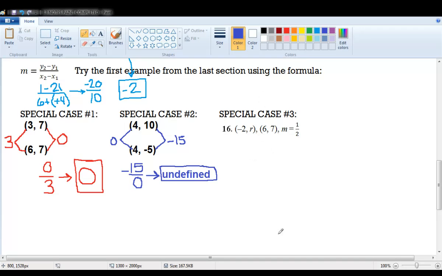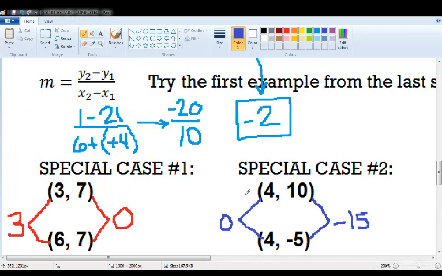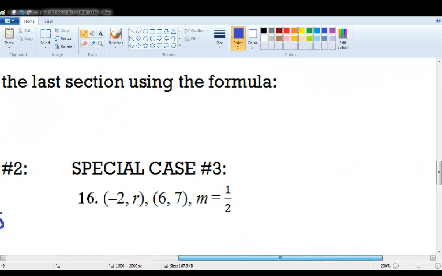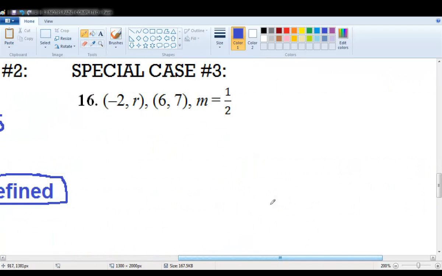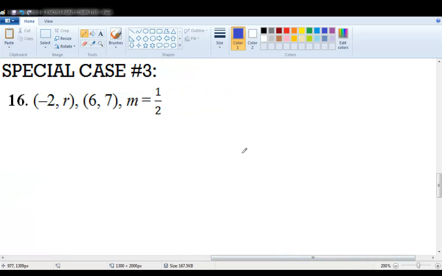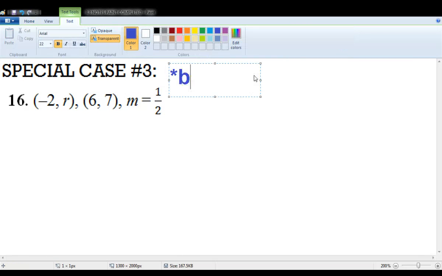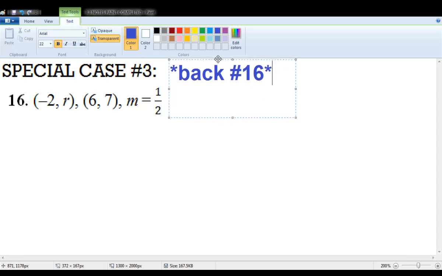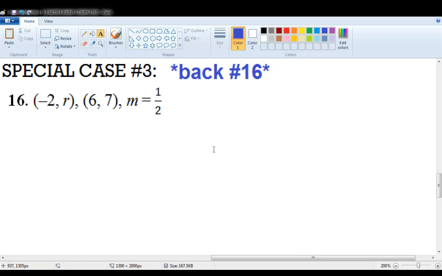Okay. Now, this last special case we're going to go over here, this is the one time that I actually encourage you to use the formula. This particular problem is actually number 16 on the back of your paper. So if you're wondering where I got it from, I made those other special cases up.